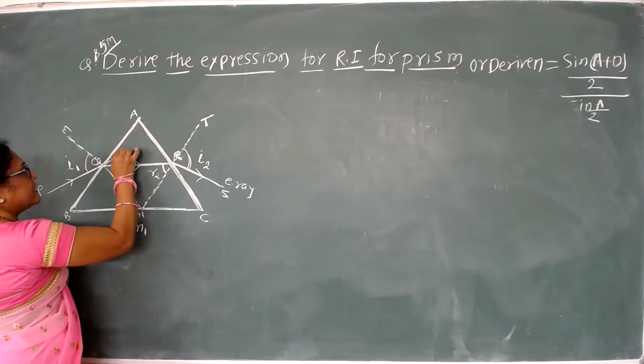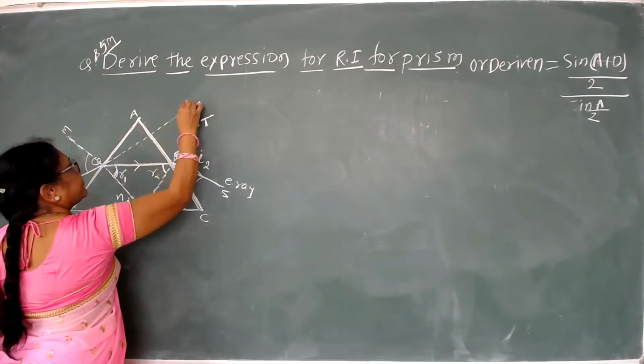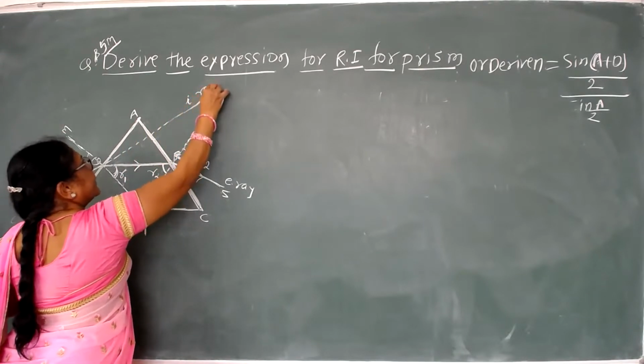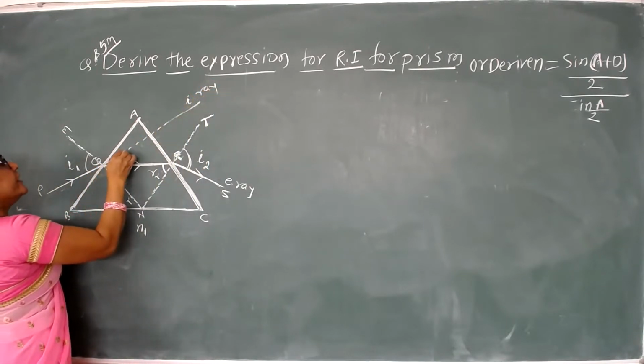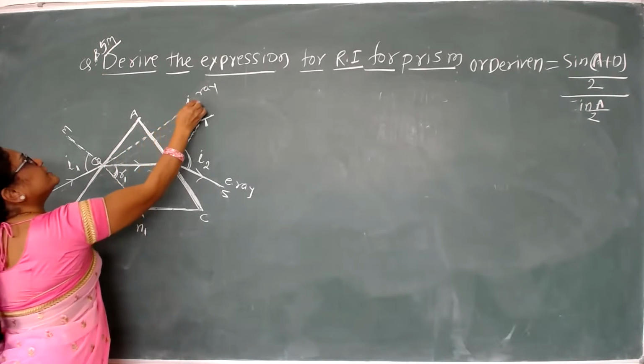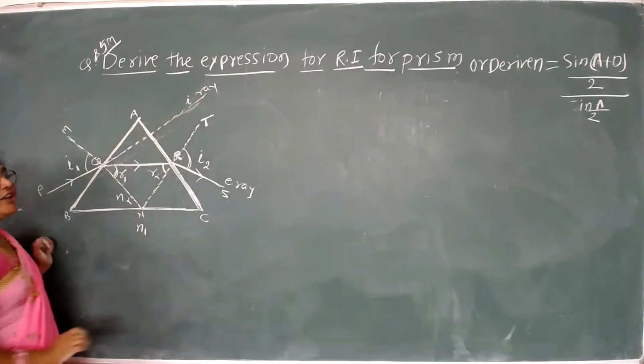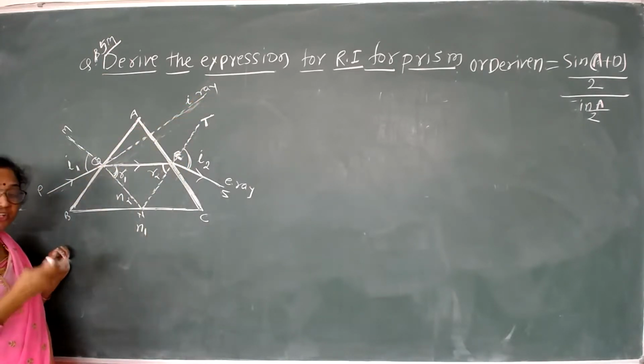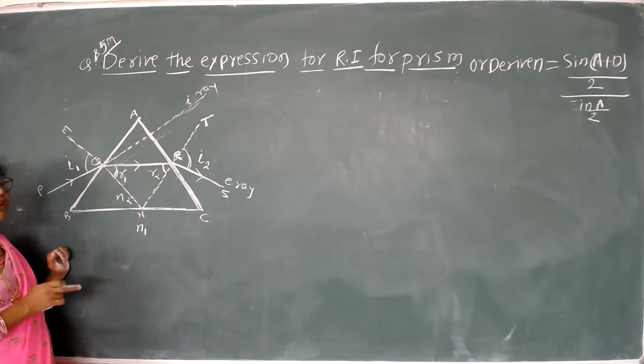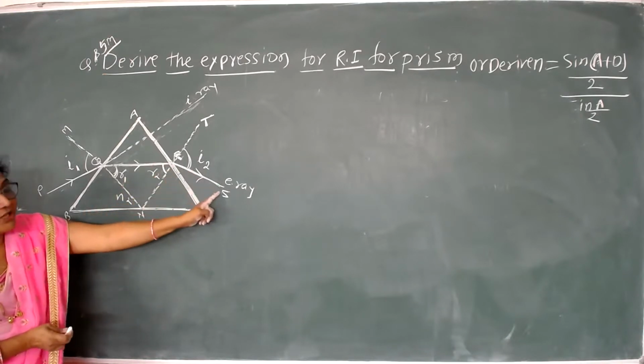So see here, this ray is known as the incident ray. If the prism is not there, the ray of light is propagated in the same direction. But due to the prism, due to the change in medium, the ray of light emerges from here.